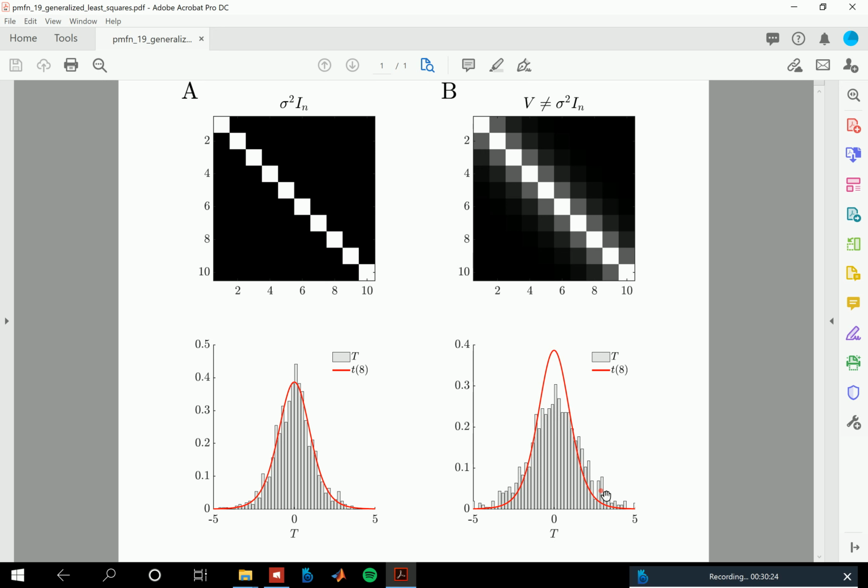One way to view that is, if you have error correlations, you have fewer independent data points, so you essentially reduce the amount of data compared to the theoretical amount, which is given by the number of data points minus the number of parameters. Because you have less data, you become overconfident in your results.